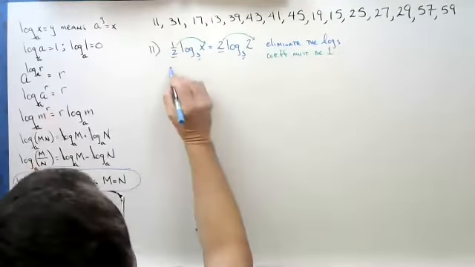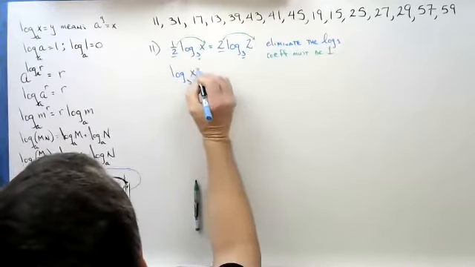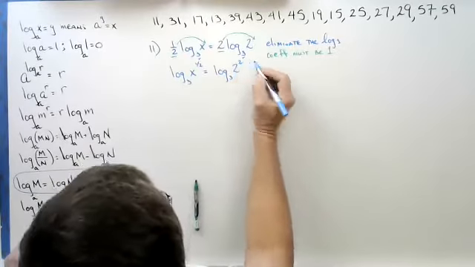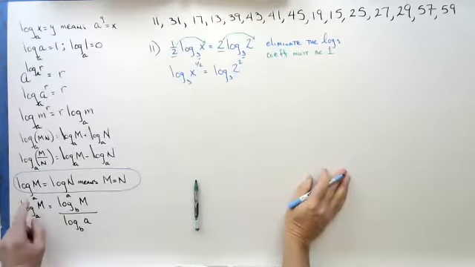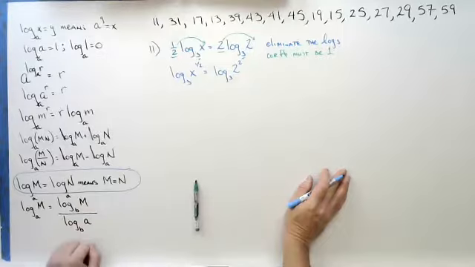So we can rewrite this as log base 3 of x to the 1/2 equals log base 3 of 2 squared. We have to move the coefficients first. You must move them first before you can apply the property.